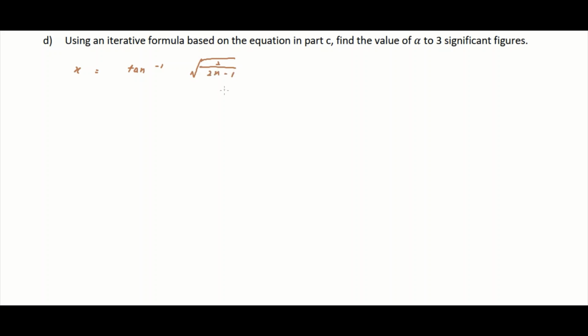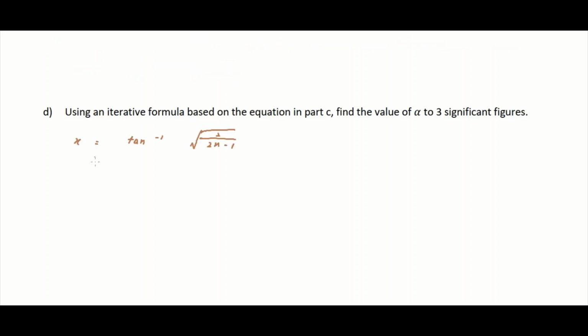Okay, so you need to rewrite it in iteration form. So x subscript n+1 equals tan⁻¹(2/(2x_n − 1)), and in your function, you should change your x to x_n. So after you have written your iterative formula, now we can start the iteration.